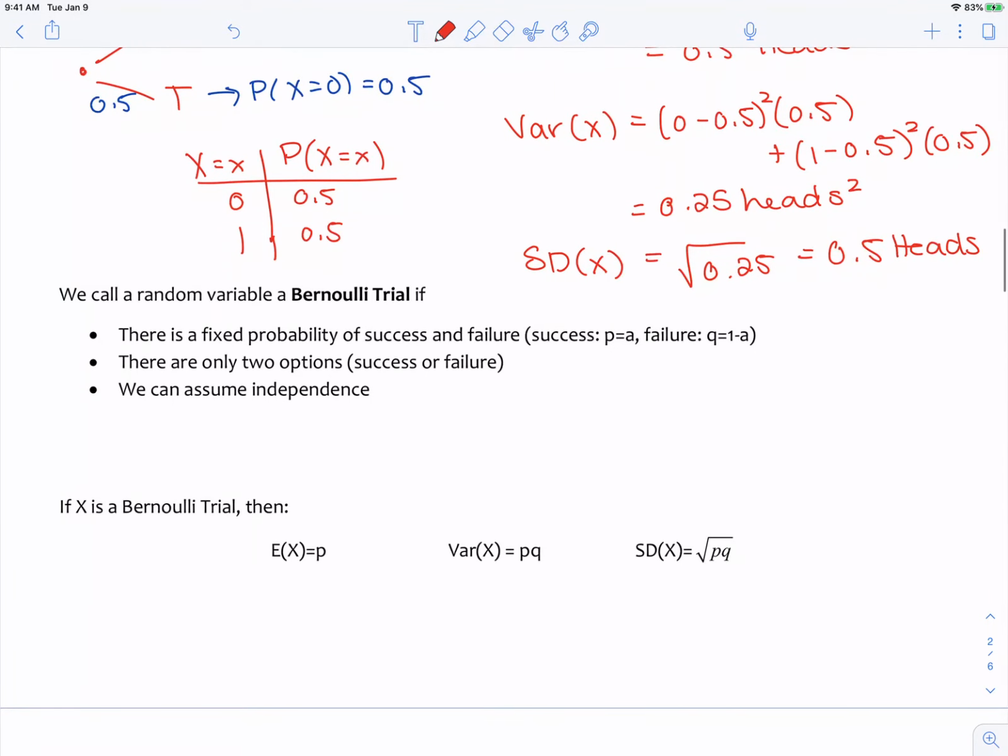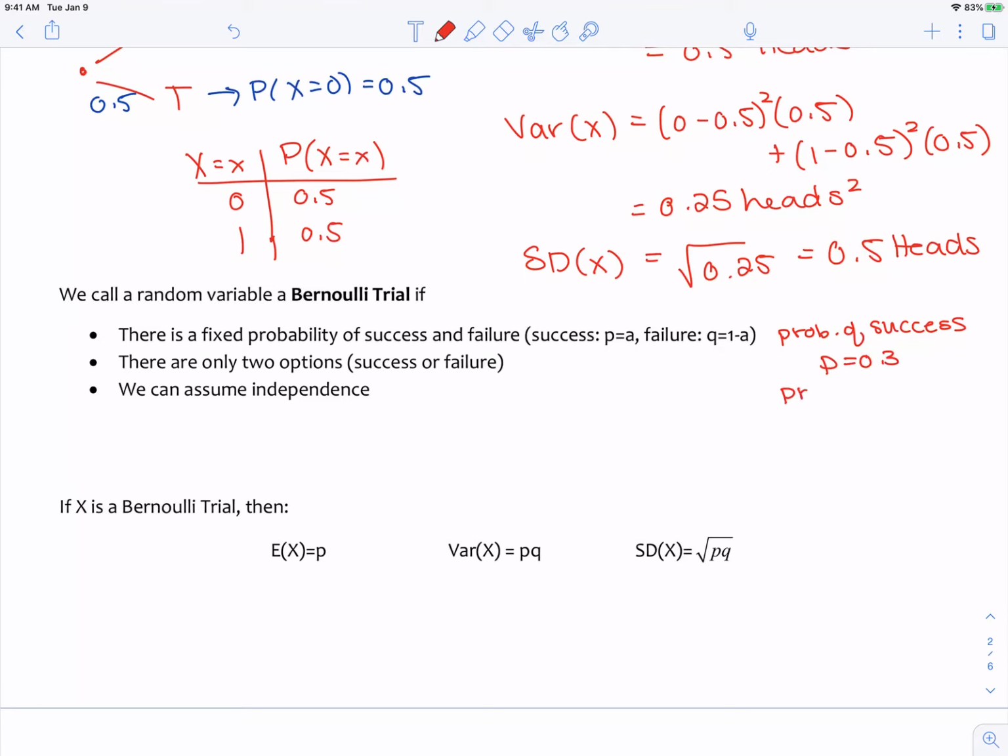Now let's define this Bernoulli trial. If we call a random variable a Bernoulli trial, that means there is a fixed probability of success and failure. We give the probability of success the symbol P, and let's say it was 0.3.